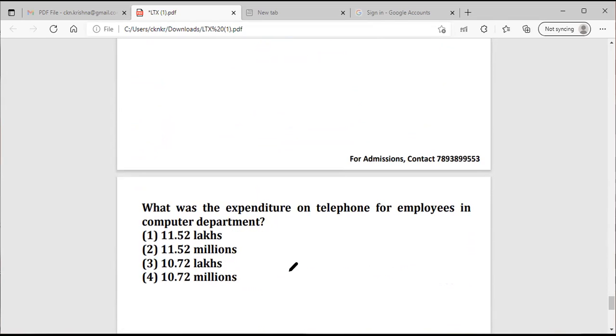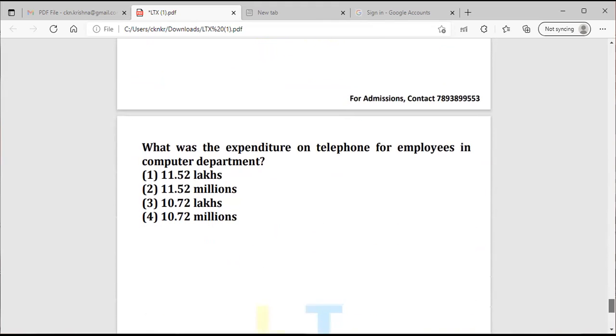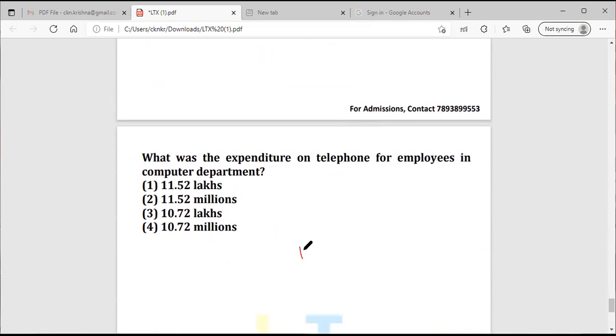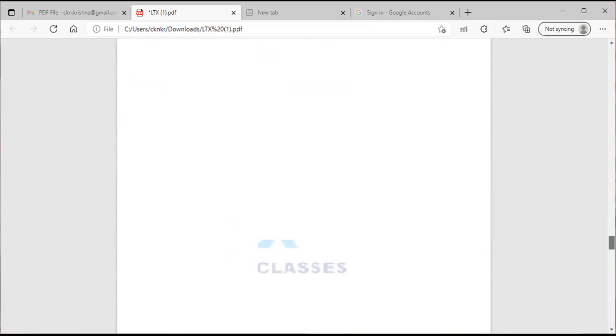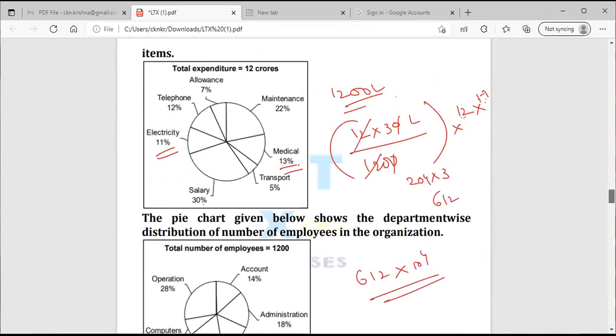Last but not the least, in this entire session, what was the expenditure on telephone for employees in the computer science department? Total 1200 lakhs. Now you are talking about telephone.